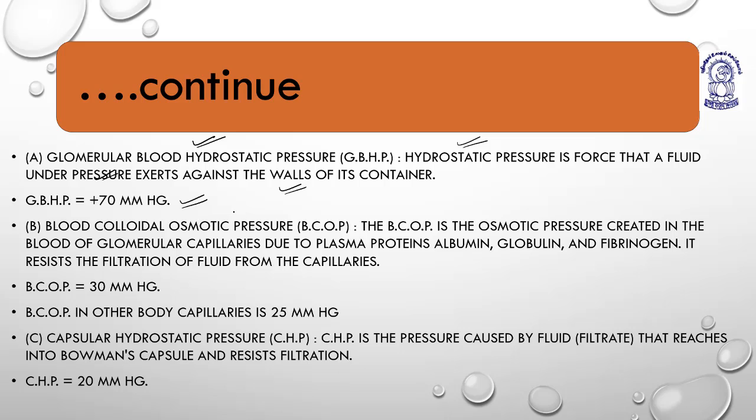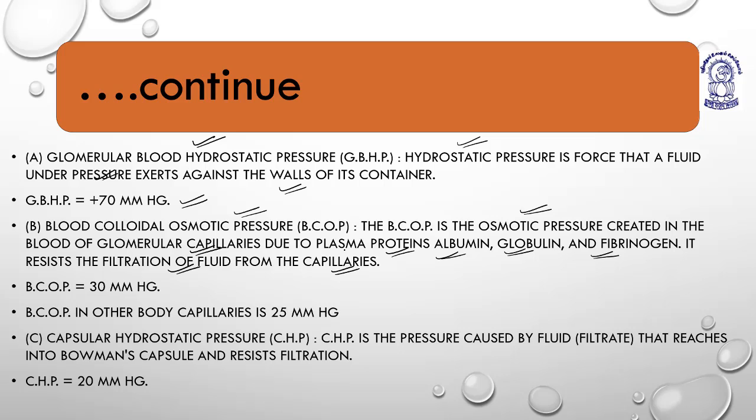Then the blood colloidal osmotic pressure is the osmotic pressure created in the blood of glomerular capillaries due to the plasma proteins albumin, globulin, and fibrinogen. It resists the filtration of the fluid from the capillaries. It is basically because of colloidal substances like proteins.